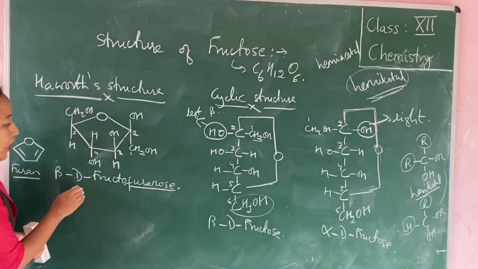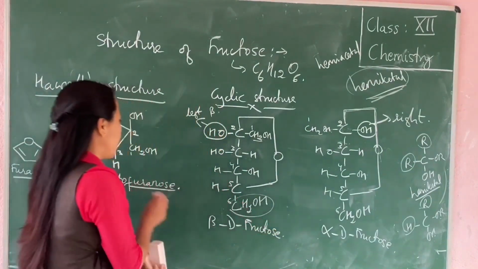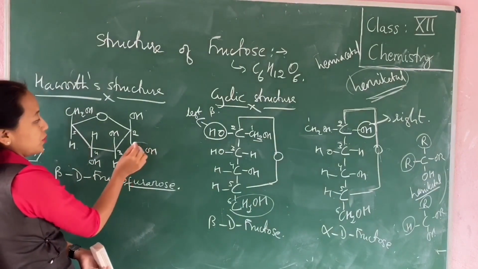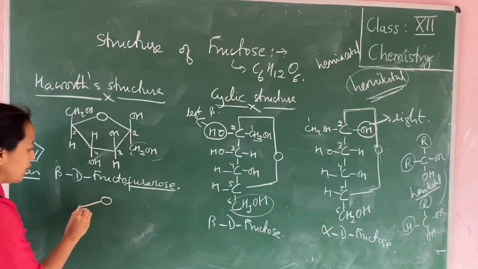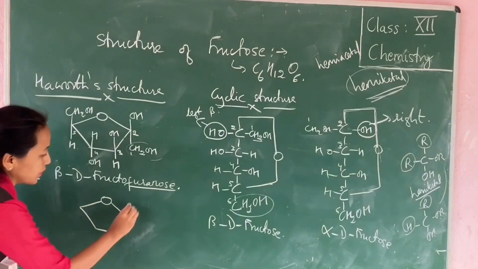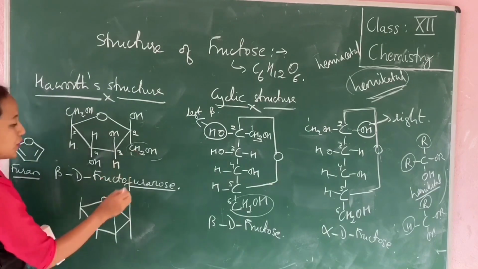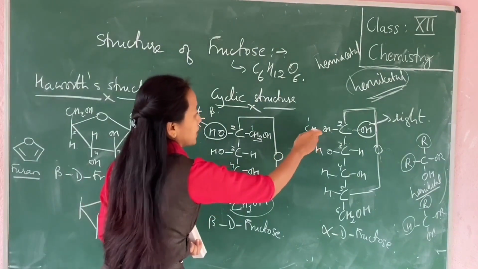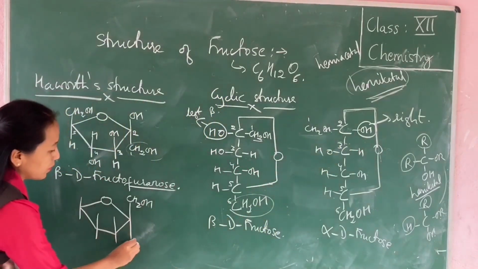Now, in the case of alpha-D fructofuranose, again, everything will be the same. The only thing is you have to change the position of these two. So, in the case of alpha-D fructofuranose, you will have CH2OH on the top because, as in glucose, you have it on the left hand side and OH on the right hand side, therefore it will come at the bottom, OH.